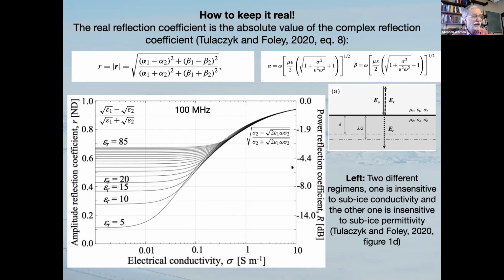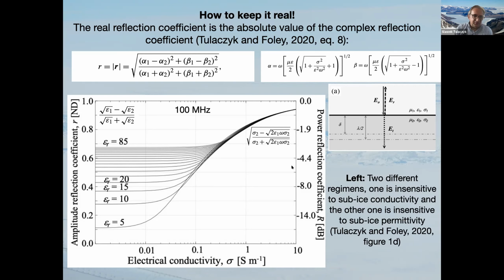But possibly these geologic materials that might be below the ice would have conductivity varying with frequency. So it seemed like for your solving two equations, two unknowns, you required the conductivity to be independent of frequency.